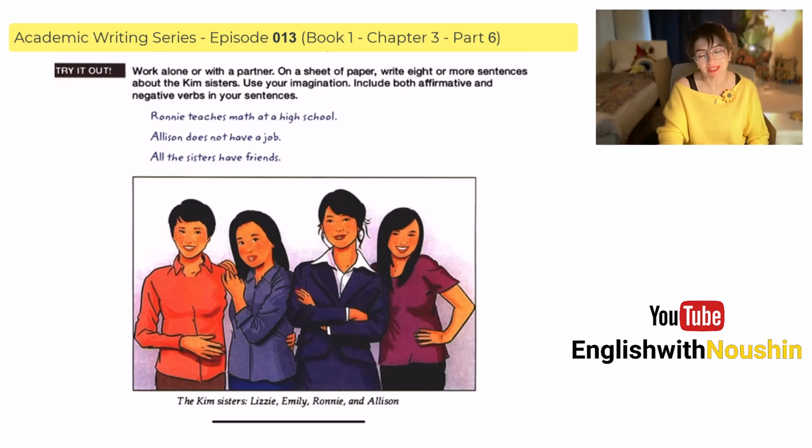You can use actually Kim Kardashians or use your imagination. And I want you to write some positive and negative sentences about either this Kim in the picture and Kim's sisters, Lizzie, Emily, Ronnie, and Allison. Or you can write about Kim Kardashian and her 5 sisters. Put them in the comments.